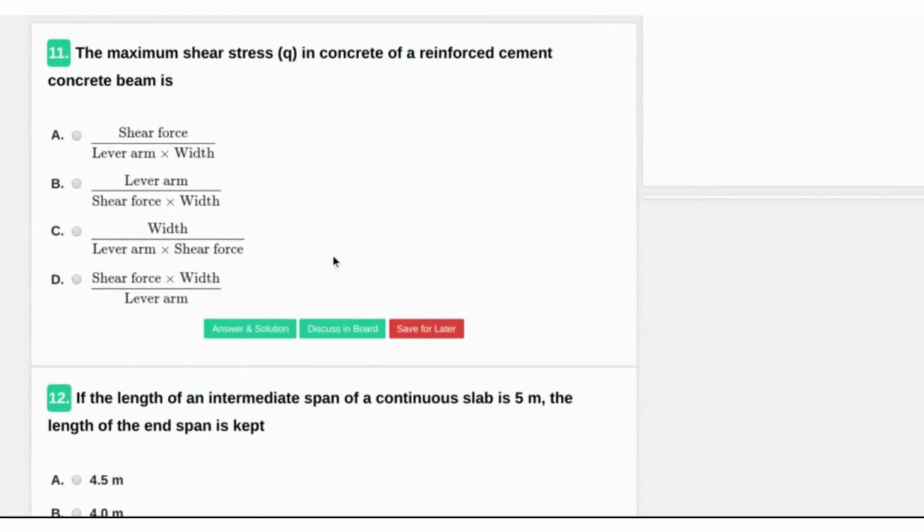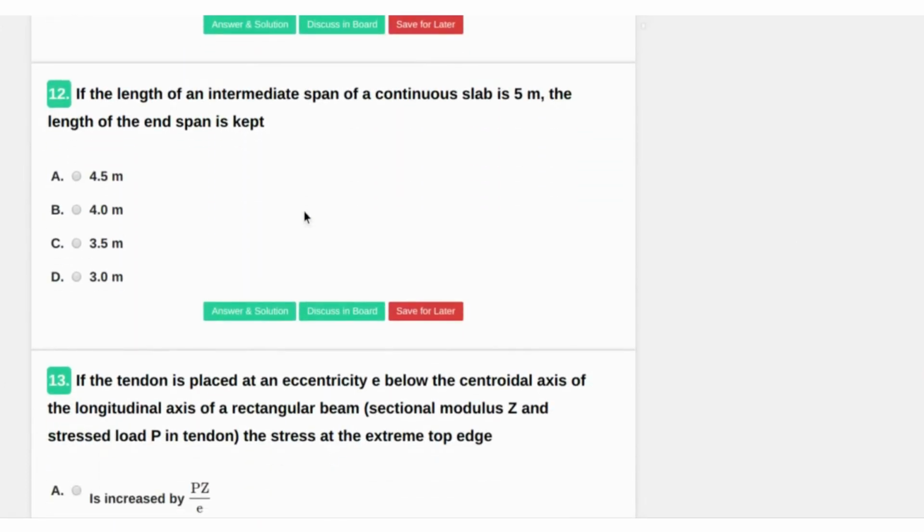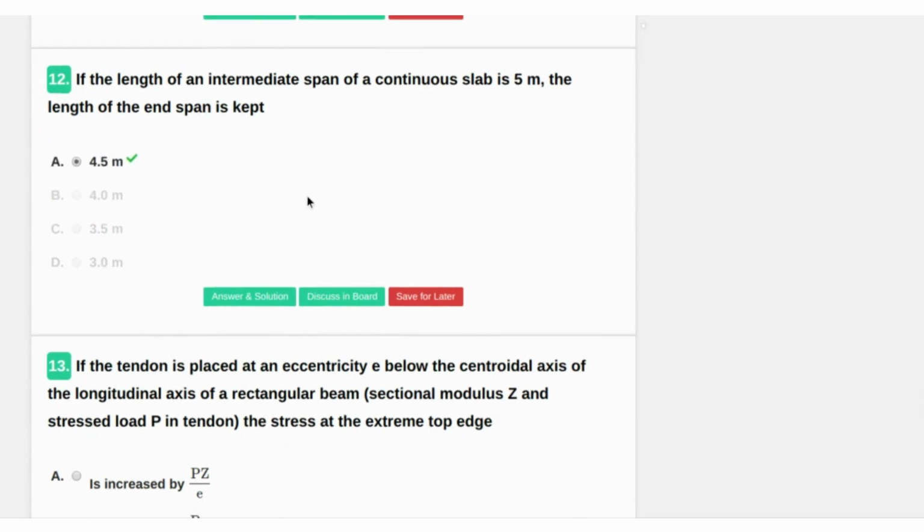The maximum shear stress in concrete of a reinforced cement beam is stress equals force upon area, shear force upon area. Shear stress equals shear force upon width into lever arm. If the length of an intermediate span of a continuous slab is 5 meter, the length of the end span is 0.5 meter less than 5 meter.